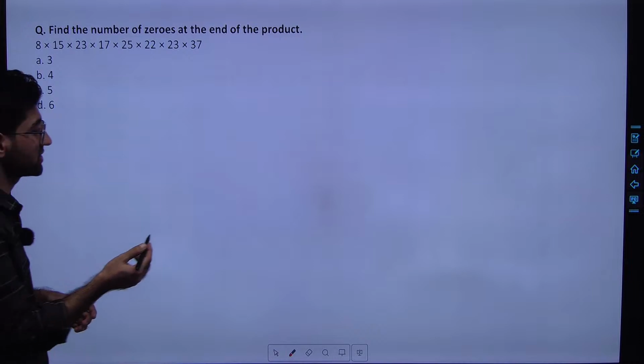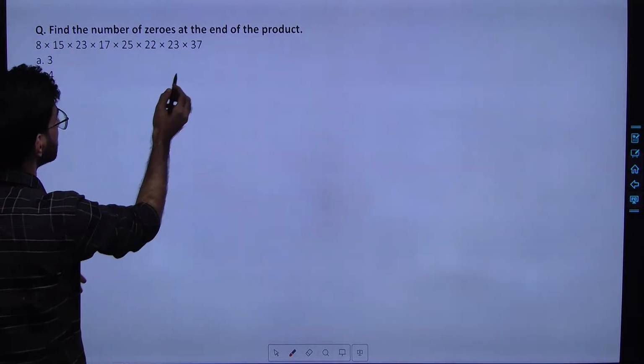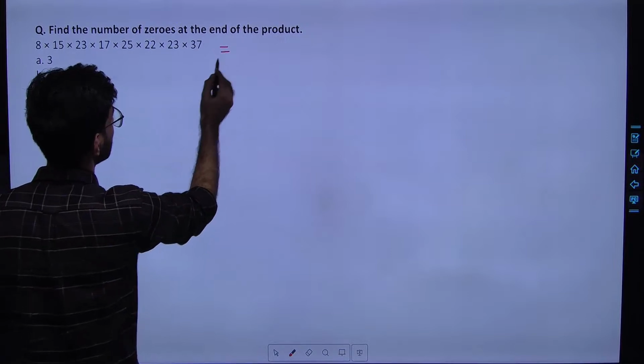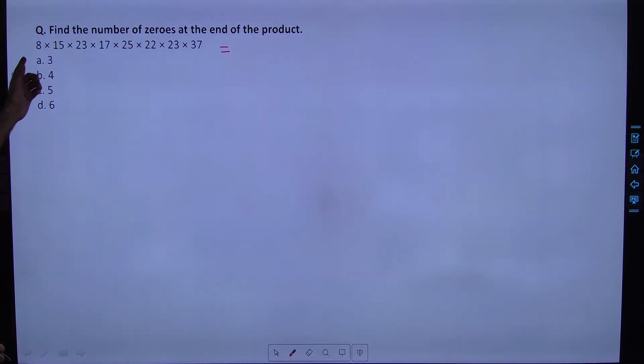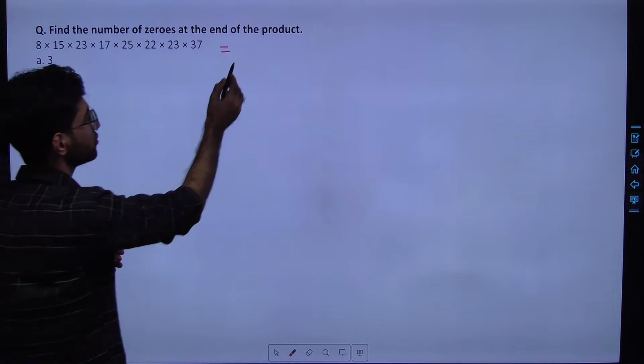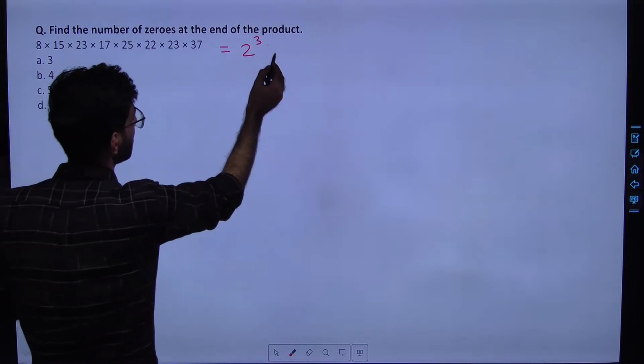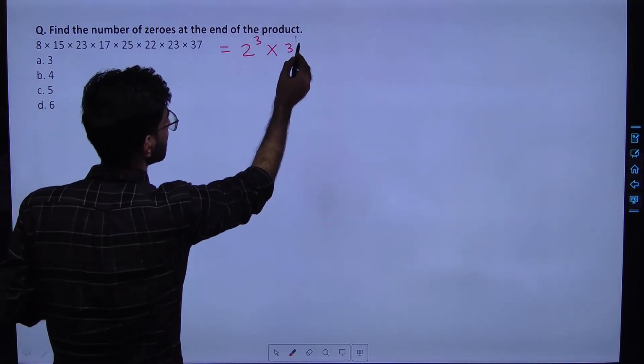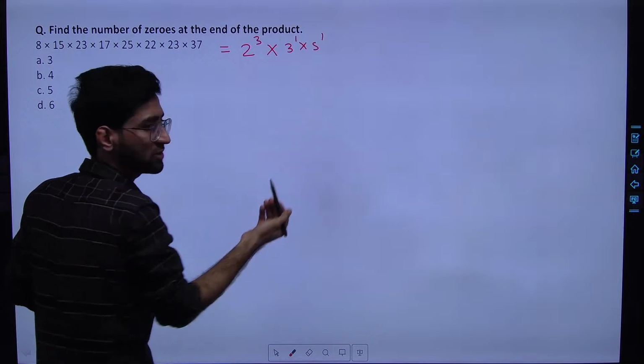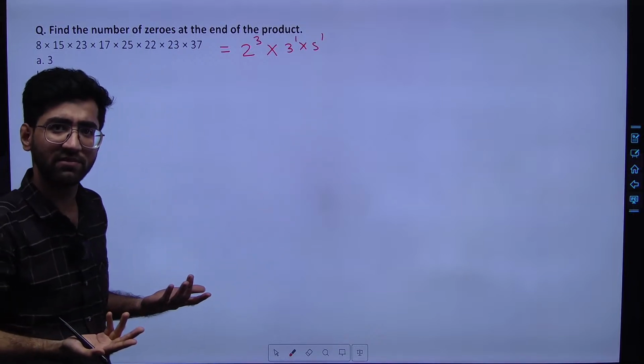Okay, let us start solving this question. You can write 8 as 2 into 2 into 2, means 2 to the power 3, right? Then you can write 15 as 3 to the power 1 into 5 to the power 1, or simply 3 into 5.